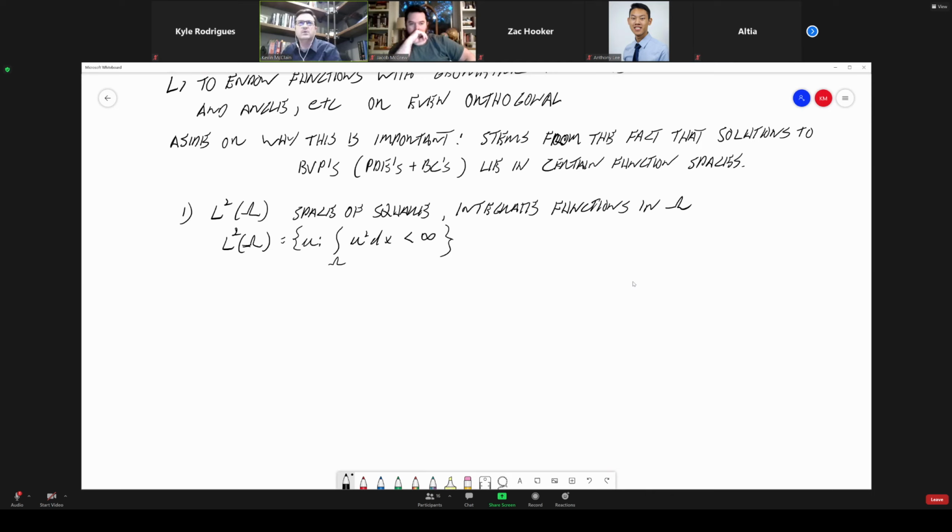Let's write this as example 1. Very high level, u of x is equal to polynomials, sines, cosines, exponentials in omega, which is equal to our range.